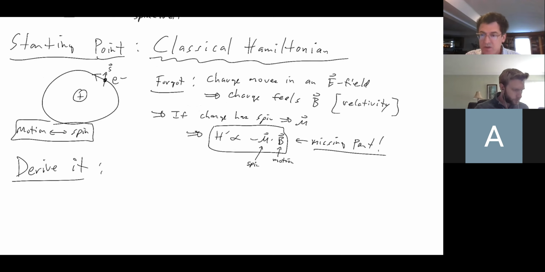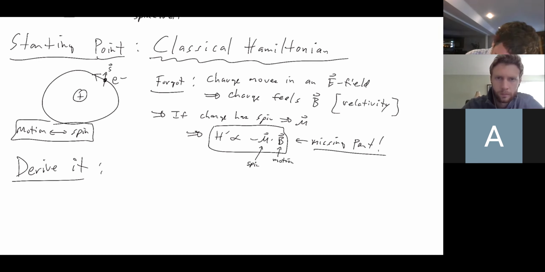So when people say spin orbit, it's really coupling the movement of the electron with the spin of the electron to create a new term in the Hamiltonian. That's very important. Comes up all the time. Okay, so there are different ways to derive it. I'll show you my personal favorite.